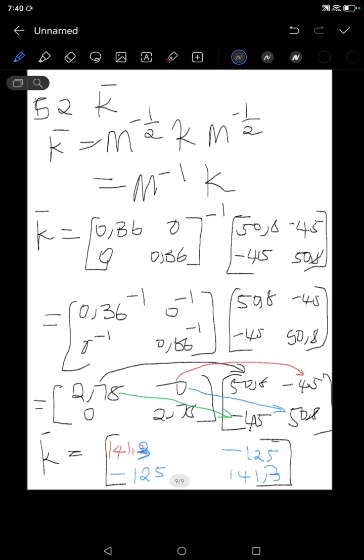Do you have any question, guys, here on normalized stiffness? Okay, you can also use this one here on 0.36. You can say 0.36 to the power of negative 1 over 2, and then do the same thing, but it's long, that one. I think this one is easier when we have m to the power of negative 1 multiplied by k.